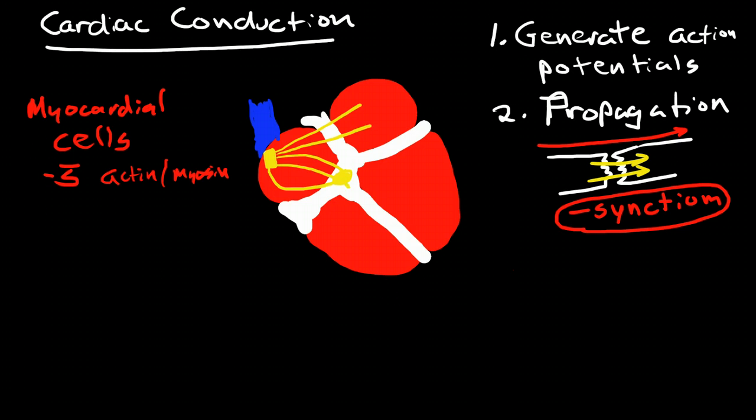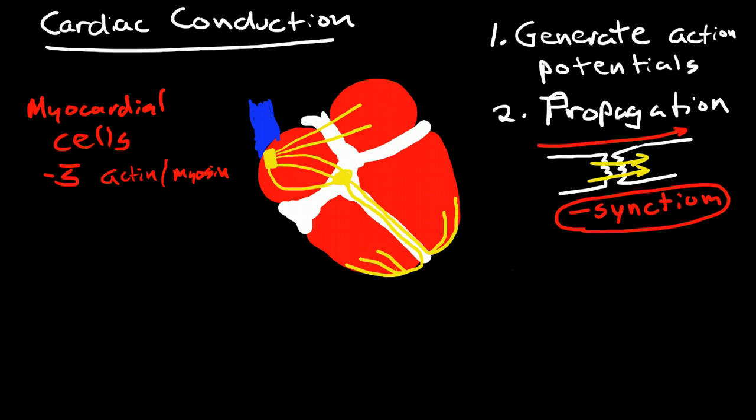And then there are the Purkinje fibers and ventricular bundle branches. So this is the right bundle. This is the Purkinje fiber that runs in between the ventricles, and then we have the left bundle branch.